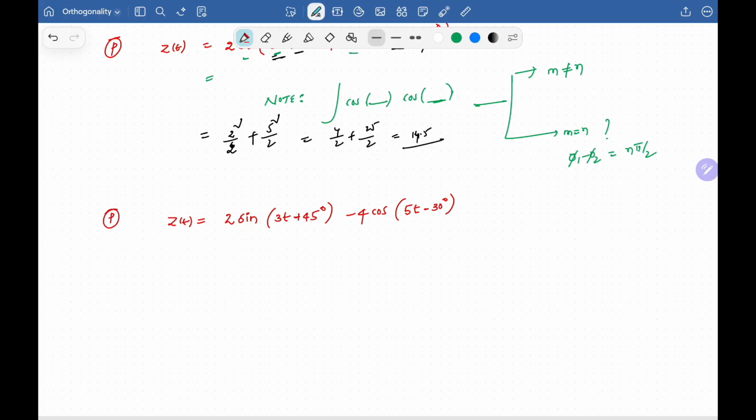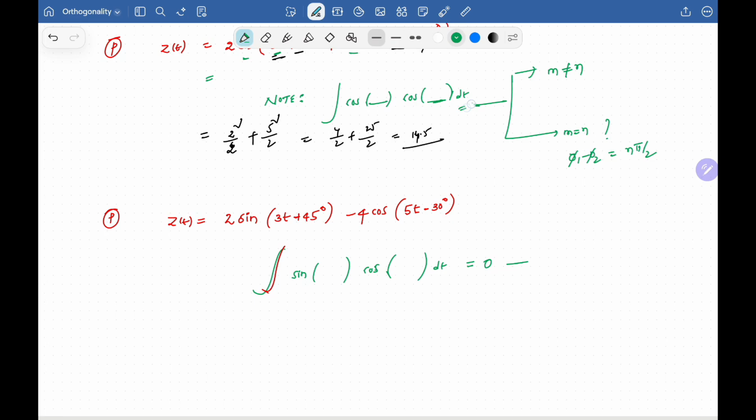Here you must have one more important note. If the functions are in the form sine m omega naught t plus phi 1 and cos n omega naught t plus phi 2, integrated over dt, is equal to what?